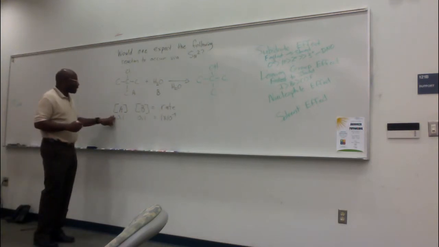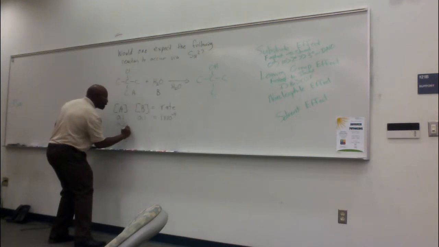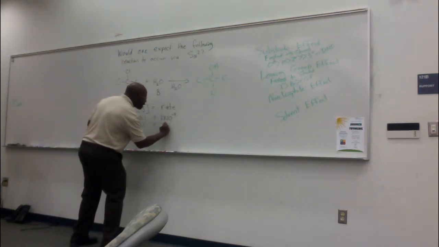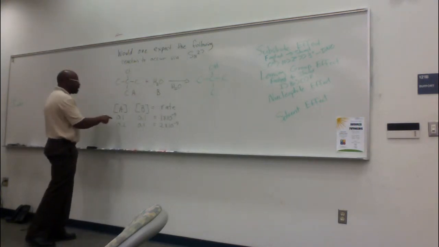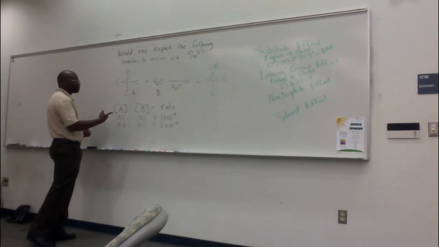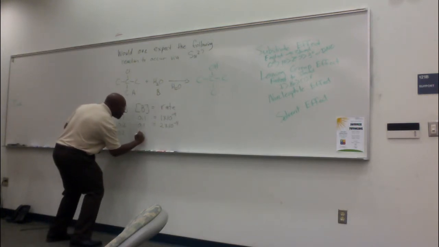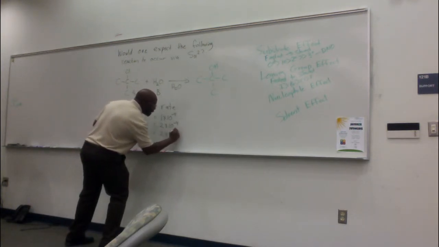Now, when I double the concentration of A, 0.2 and 0.1, my rate doubles to 2 times 10 to the minus 4. Next, I'm going to double my concentration of B, which is my nucleophile. So 0.2 and 0.2, and my rate is 2 times 10 to the minus 4.